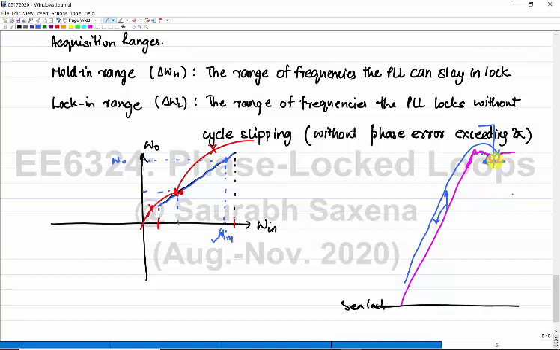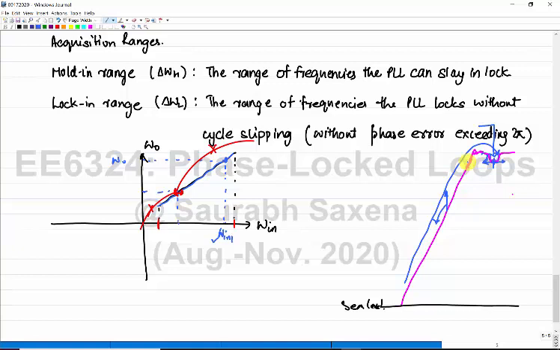You are not going to fall off the cliff from here. Hold-in range even takes that into account. It's all frequencies at which the PLL will remain in lock. How you reach there is not a matter of concern.